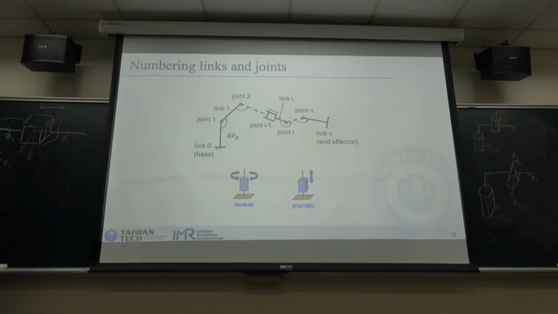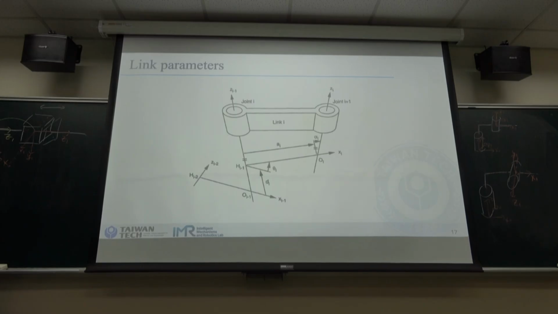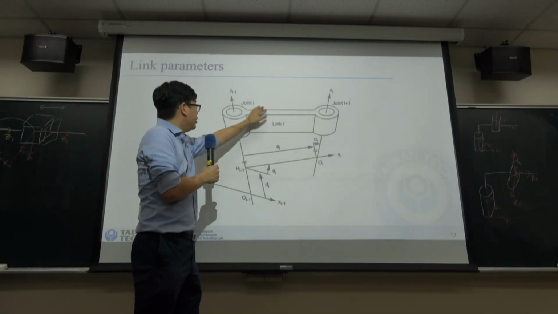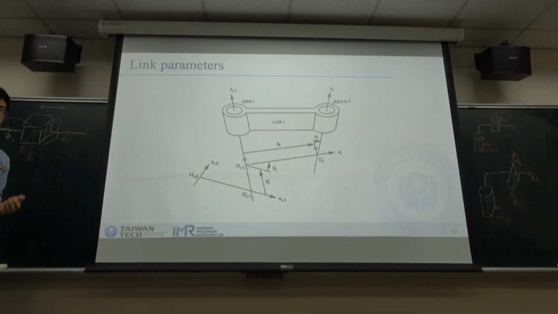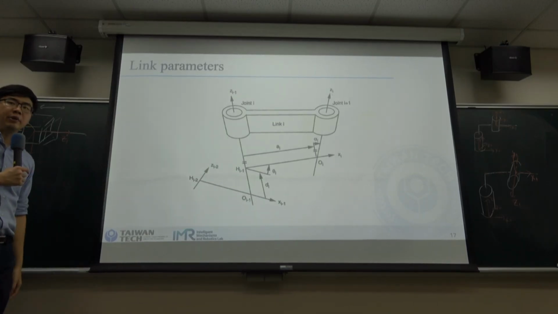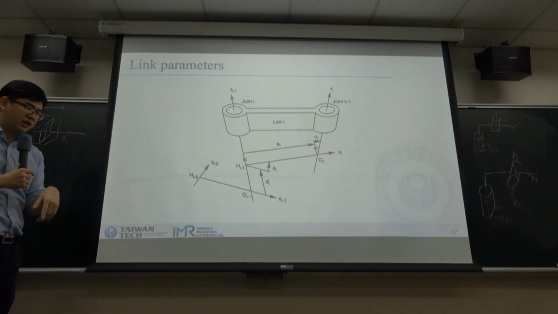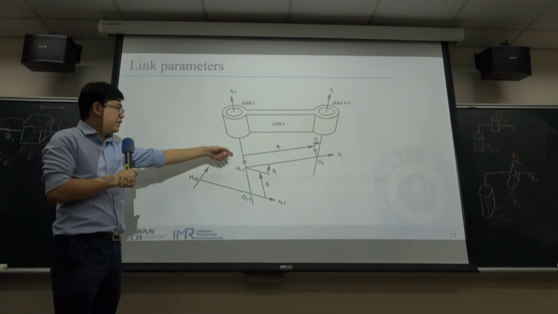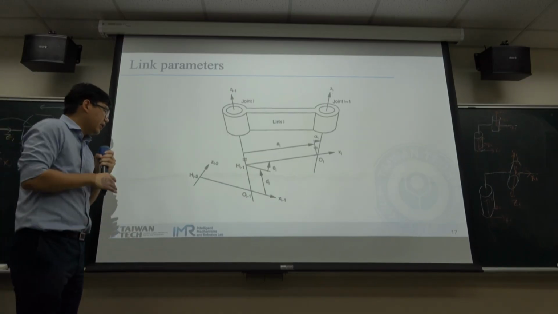And now we come to how we can get the DH parameters. This is a typical link with two joints, joint i and joint i plus 1. In this lecture, we introduce the standard DH method. There is a modified DH method, I think in the J.J. Craig book, but here we introduce the standard one; there are some very slight differences.